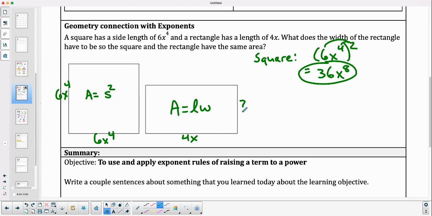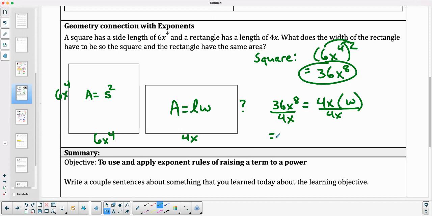So when we're looking at that, we have 36x to the 8 equals 4x times, we're just going to call it w, the width. So all we need to do is just divide both sides by 4x, and then go from there.